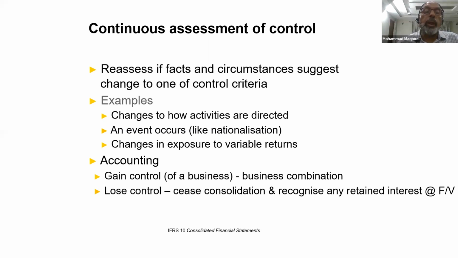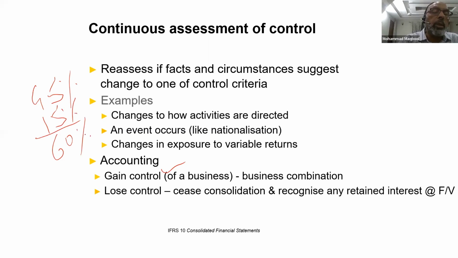If it's no longer there, we should stop consolidating. Or we could gain control during the period of the business. Maybe earlier we had 45%, and then we acquire another 15%. Okay, it comes to 60%, so we gain the control. Here control was not there, now control has come. We already discussed this when looking at IFRS 3. In that case, the 45% we have to bring to fair value and book a gain or loss.